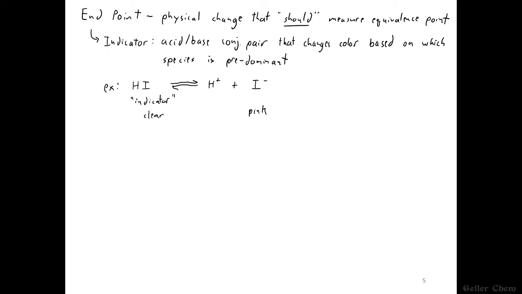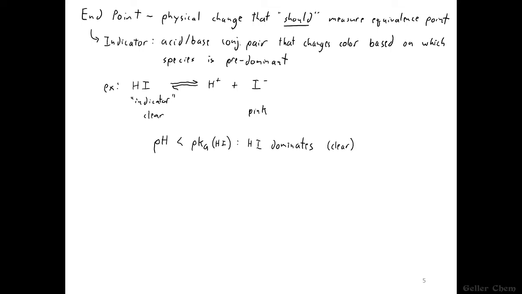So first, let's say this. If the pH of the solution is less than the pKa of the indicator itself, then the acidic form, the HI form, will dominate. And what we would observe is a clear color, at least for this indicator.